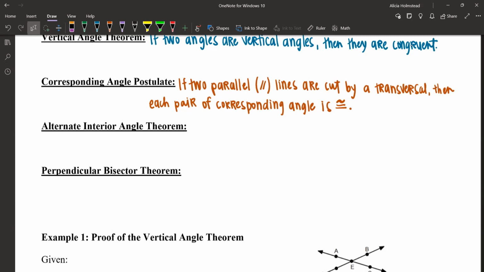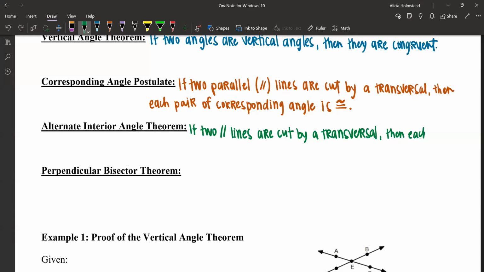So the alternate interior angle theorem: if two parallel lines are cut by a transversal, then each pair of alternate interior angles is congruent. So this one just says the alternate interior angles are congruent.